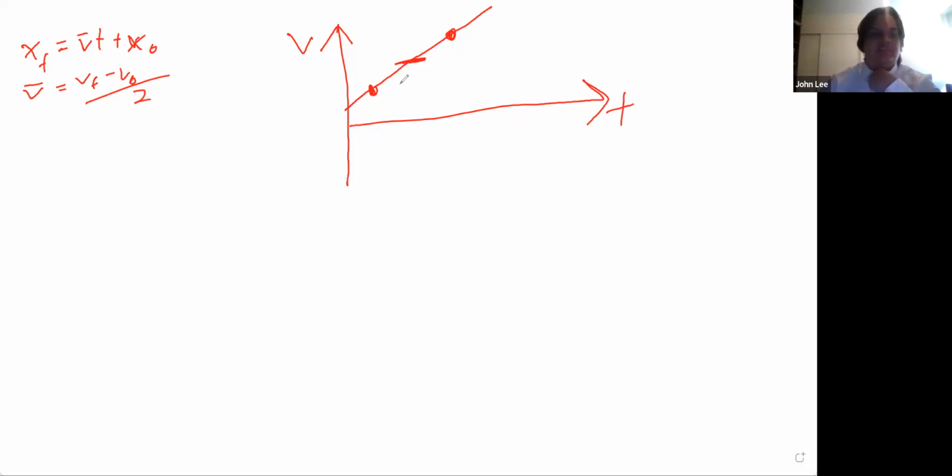So that's going to give you v bar equals v final minus v initial over 2, where the average value is just the simple average value of two numbers.